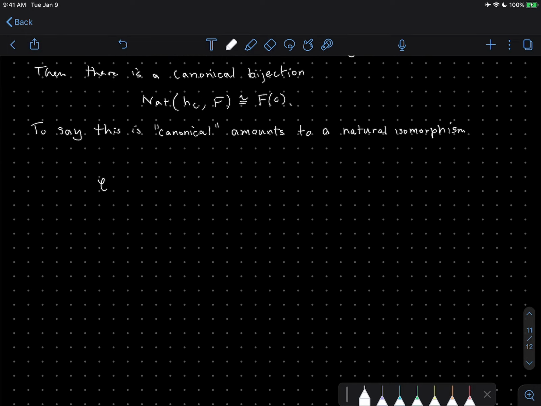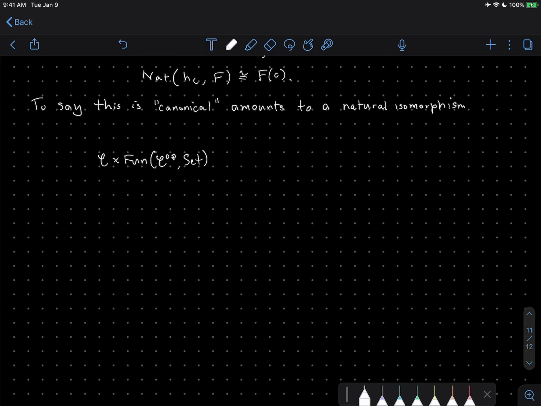Well, the source is going to be C cross functors from C op to Set. I realize I haven't defined what the product of two categories is, but it's just the product on underlying sets and where homs are pairs of homs from the two categories. I take it that you can figure that out on your own. So these are going to be functors from this product category into Set.